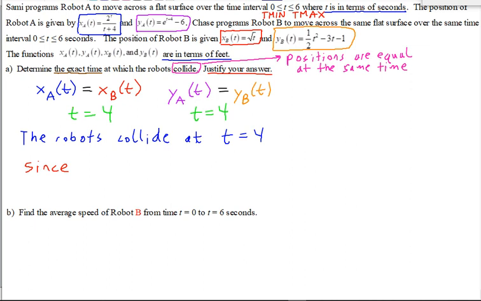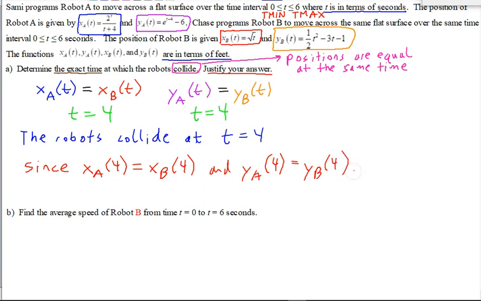We want to say they're equal specifically at time 4. So you can say since x sub a of 4 equals x sub b of 4, that means the x coordinates at time 4 are equal, and y sub a of 4 equals y sub b of 4. That means at time 4 the y coordinates are equal. So that's how you can justify it.